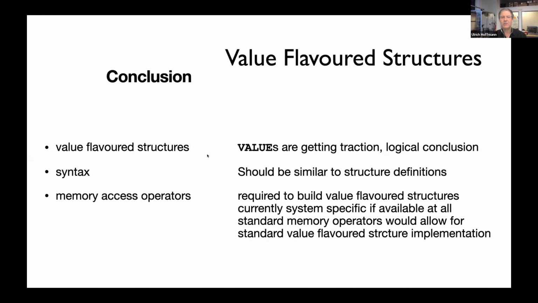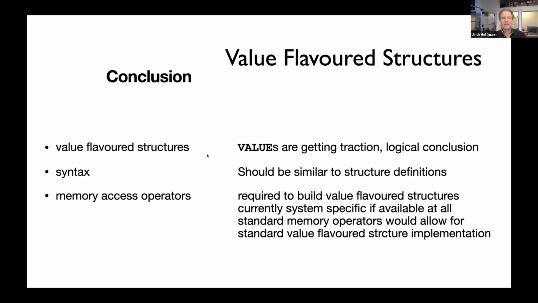Get rid of fetch and store and use the to notation to put values in values, and let the values fetch their own content. Defining a structure should be very familiar and similar to the way already standardized structures are defined with field, where you have to do fetch and store on your own.